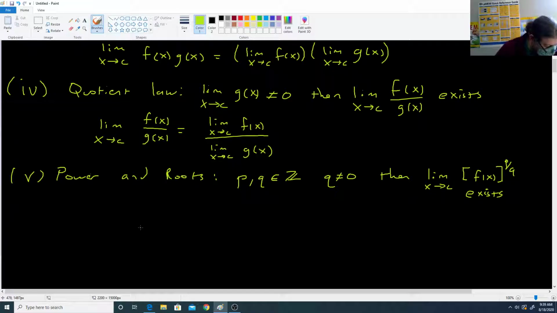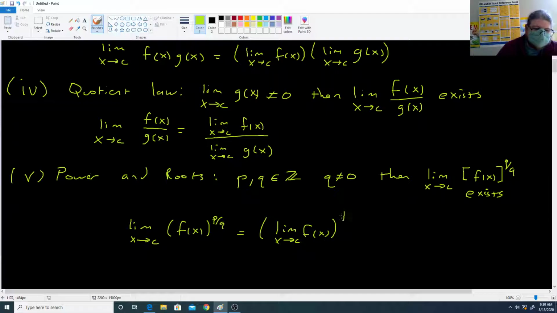And we get the following: the limit as x approaches c of f of x to the p over q is equal to, you can take the limit of the function and then raise that to the p over q power afterwards.